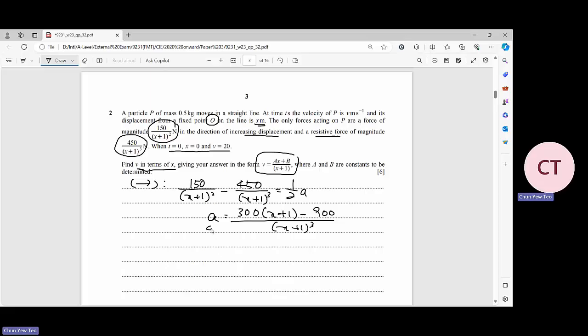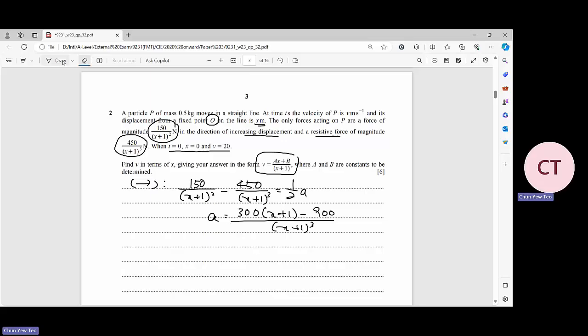Okay, then the acceleration here, I have two choices. I can make it become v dv/dx, or I can make it become dv/dt. But since they want the answer in terms of x, we just need to choose v dv/dx.